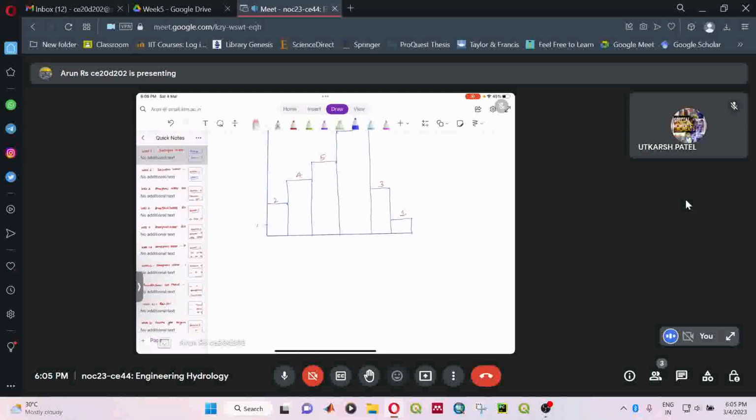So if this is 1, 2, then 3, 5, and so on up to here you have 8. Now what we know is that the runoff is 3.5 centimeter.